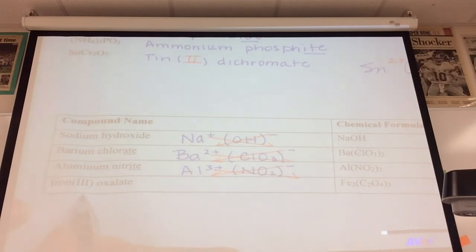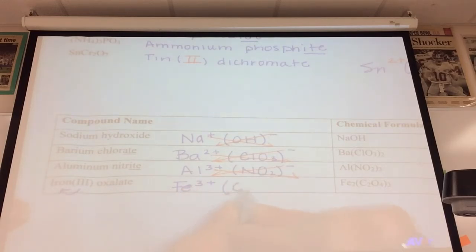Whereas the Roman numeral is so pesky when naming ionic compounds, it's so easy when writing chemical formulas. The Roman numeral 3 is the charge on which ion? The first one, iron. So this is iron 3 ion, that's an E, may not be that clear, sorry.